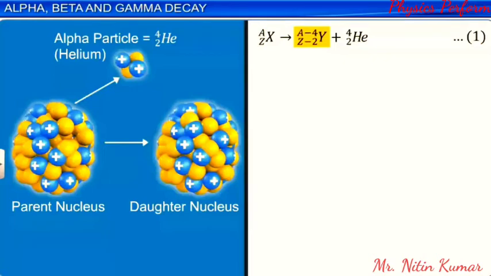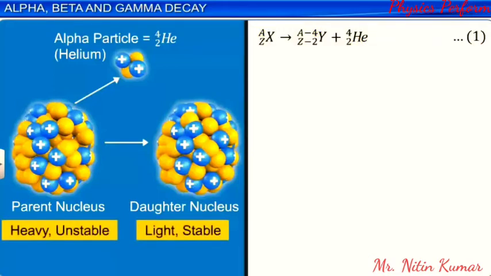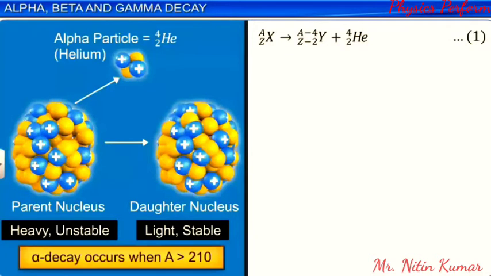Let this be equation 1. The heavy nucleus emits an alpha particle, thereby reduces its mass and hence moves towards stability. Alpha decay occurs in all nuclei with mass number A greater than 210.